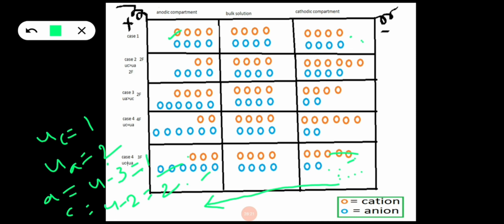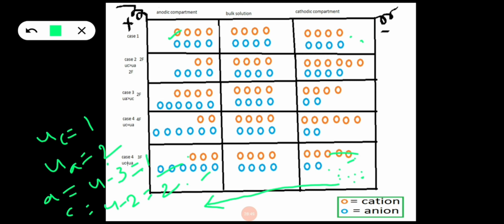Whichever ion is moving fast, the decrease in concentration of the compartment from which it is coming out will be more. So from the cathodic compartment the anion is coming out, so the decrease in the concentration in the cathodic compartment is more.